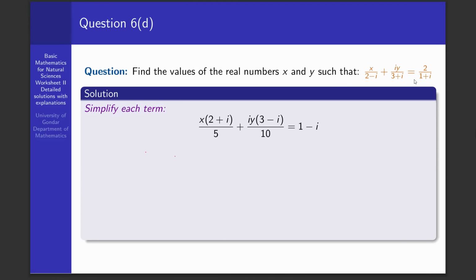When we do this, we have x times (2 plus i) over 5. This 5 is obtained by adding the square of the real part and the imaginary part, that is 4 plus 1. And this one by adding the squares of 3 and 1.